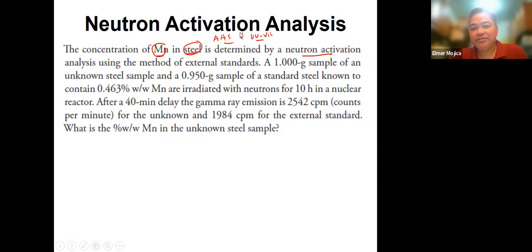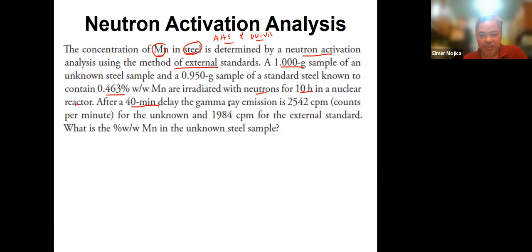But another way to look at this is using a radiochemical method, like neutron activation analysis. And they use the method of external standard. So what they have here, you have 1 gram of the sample of an unknown steel, and 0.950 grams of the standard steel known to contain 0.463% weight by weight manganese, and you irradiate it with neutrons for 10 hours in a nuclear reactor.